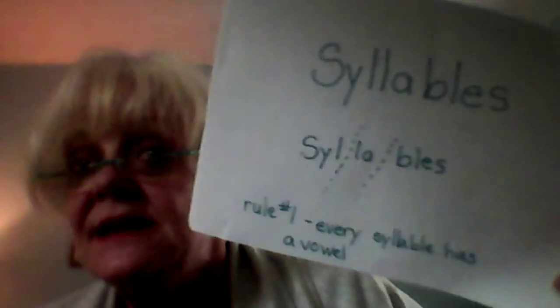And the first thing that I want you to know is every syllable has a vowel. They have to have a vowel. It's one of the rules. Now the good thing is you know all the sounds the consonants make, right? And you know the long sounds and the short sounds of the vowels.